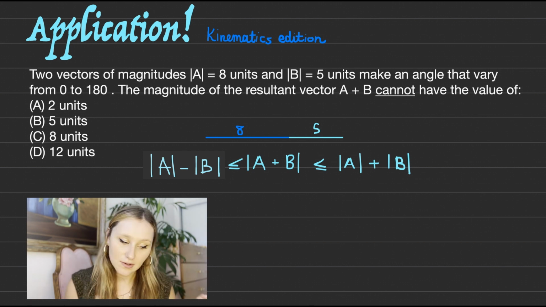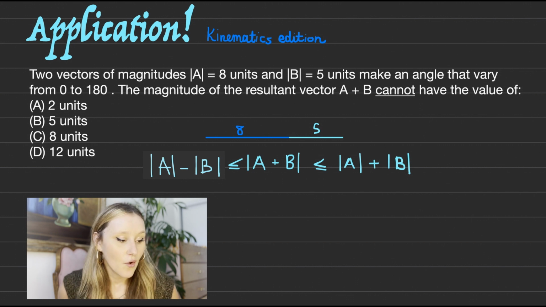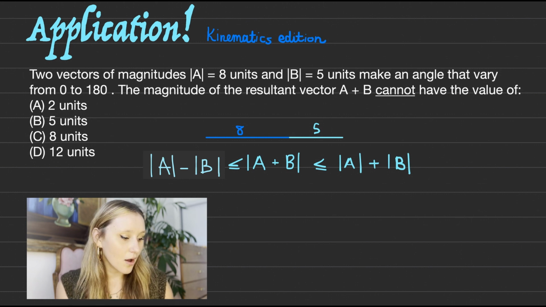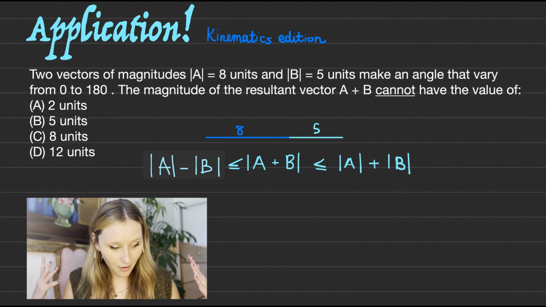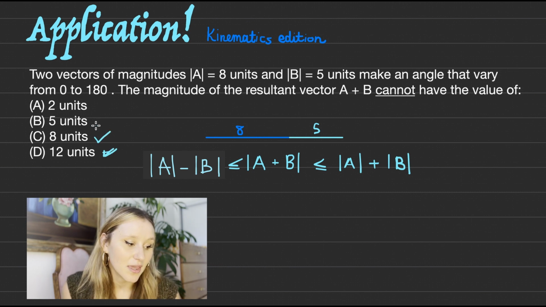So the magnitude of A plus B is 13, and the magnitude of A minus the magnitude of B is 3. So we can see that 3 of these values lie in between that limit. We get that 2 cannot be the magnitude of the resultant vector.